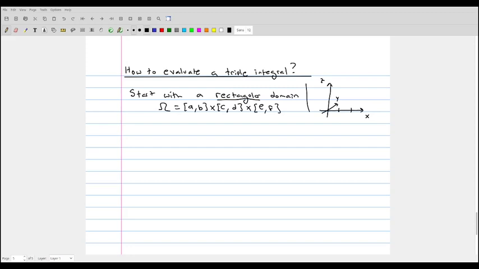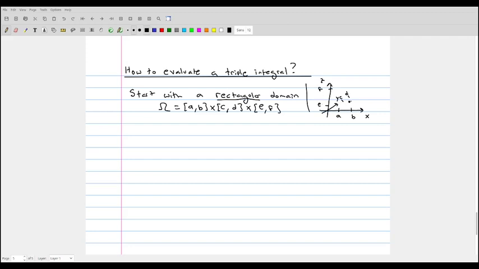So this is the region from a to b in x, the region from c to d in y, and the region from e to f in z.